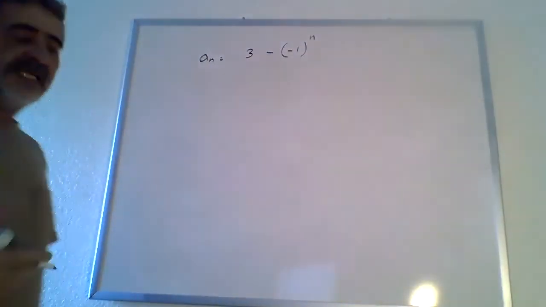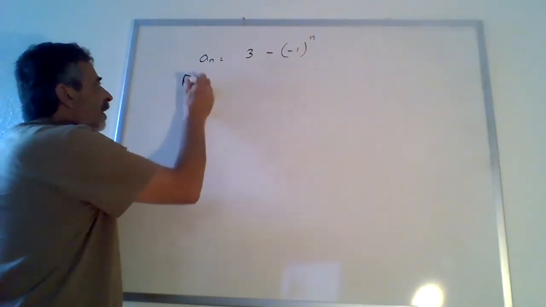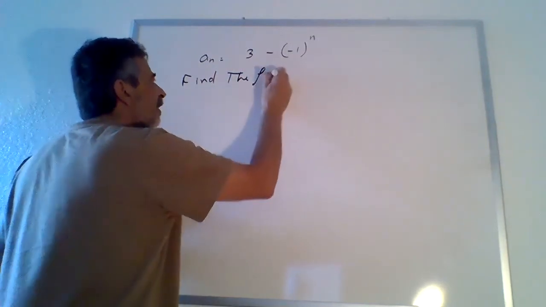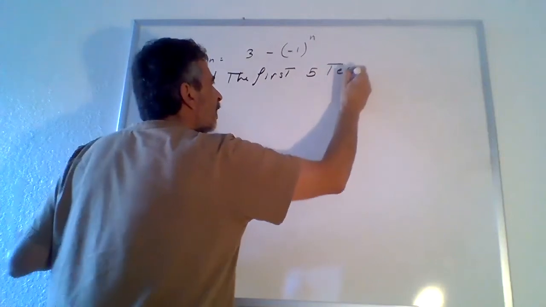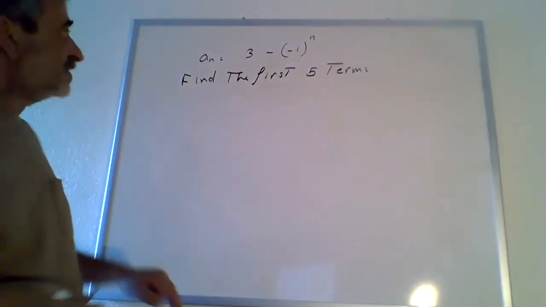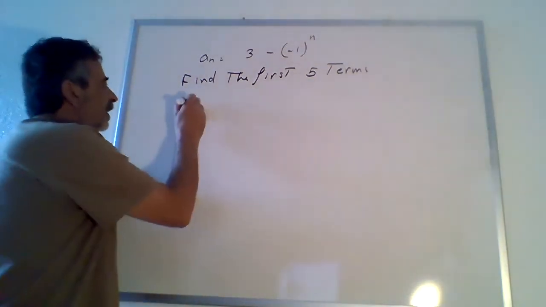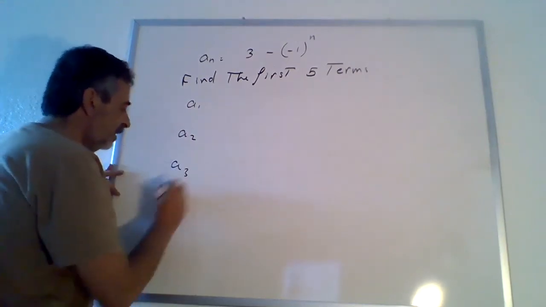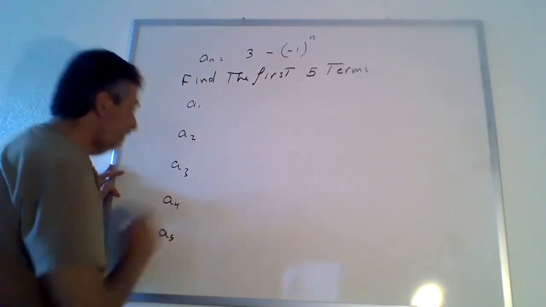In this particular case, find the first 5 terms. Finding the first 5 terms of the sequence is, again, simple. We're looking for A1, A2, A3, A4, and A5.